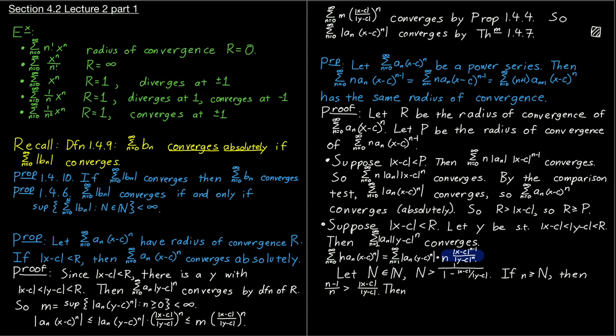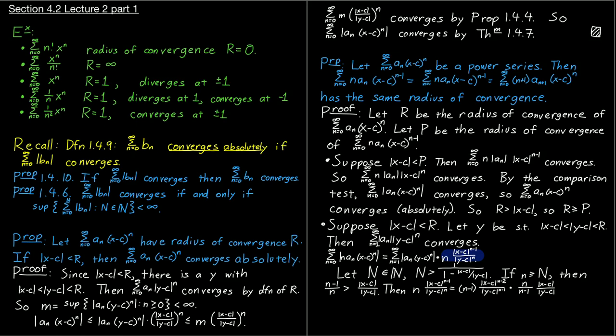Then let's consider this quantity, the thing we're trying to deal with. I'm going to replace all the n's by n minus 1s. So we get |x minus c|^(n minus 2) over |y minus c|^(n minus 1), and then we have to multiply that by n over (n minus 1) times |x minus c| over |y minus c|.